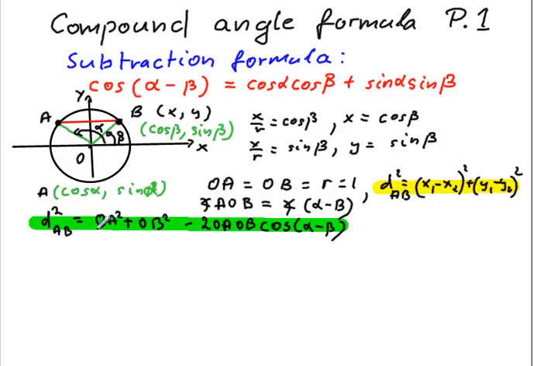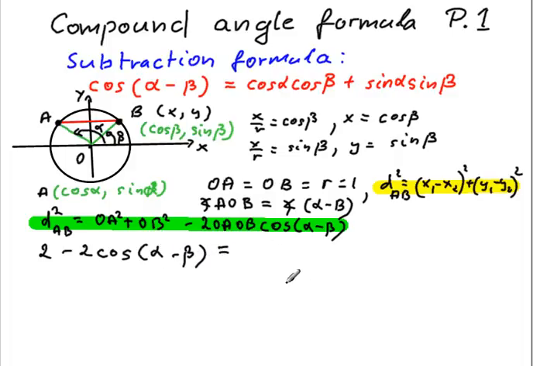Also, the numerical value of OA squared, OB squared is 1, and so is OA and OB. So the left side will be simplified to the following. So I'm going to put 2, because 1 plus 1 minus 2 times 1 times 1 times cosine alpha minus beta.